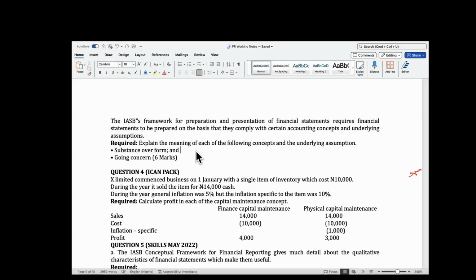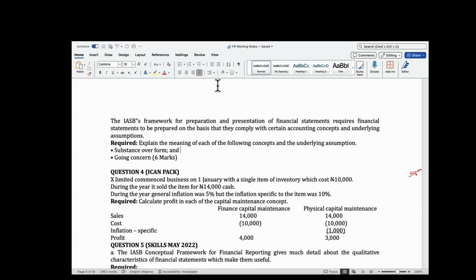So, substance over form simply means that financial transactions should be recognized based on their economic reality, not their legal form. Hello, sir.